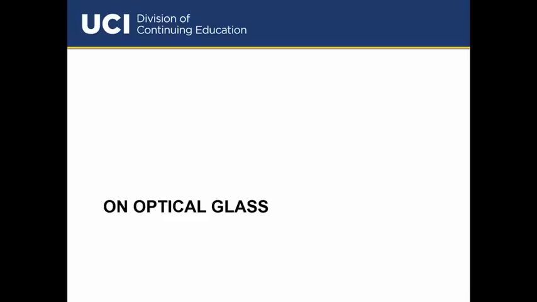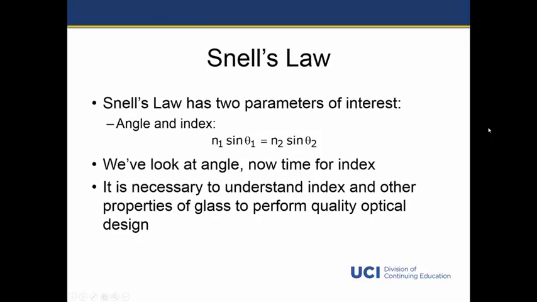Now, when we go back to Snell's law, so far we've been simply applying paraxial ray tracing, and in a couple of examples I've just given you an index of refraction value. But if we look at Snell's law, remember there were two parameters of interest: the index of refraction and the angle of incidence at the point of intersection on a surface.